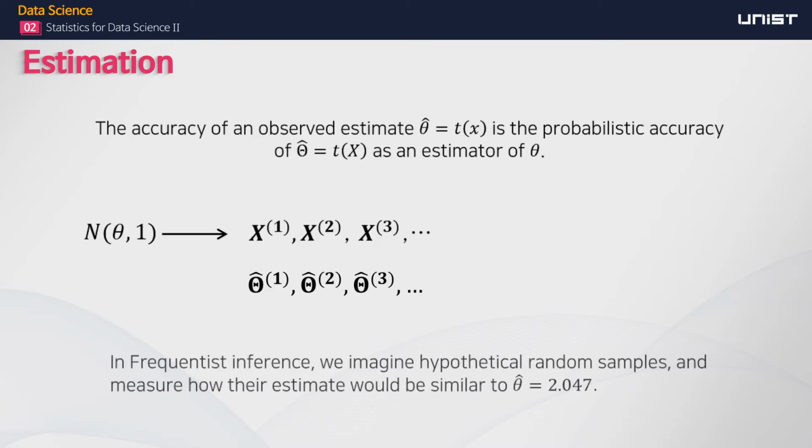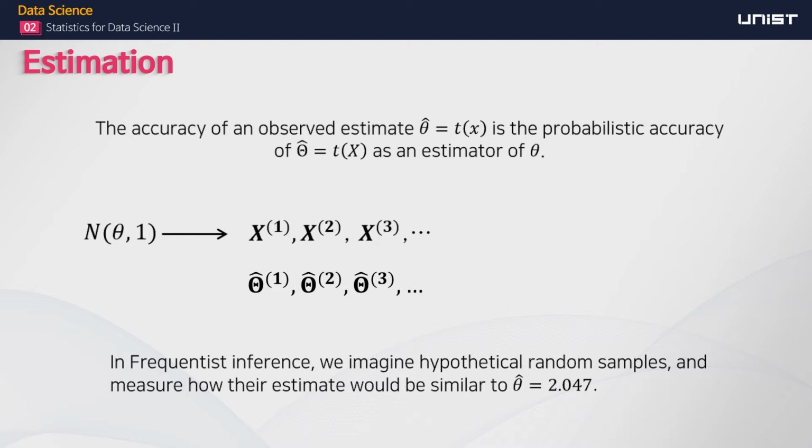To understand it, imagine hypothetical random samples, first sample, second sample, and go on, generated by the same distribution, and we get corresponding uppercase theta 1, uppercase theta 2 using the point estimator.